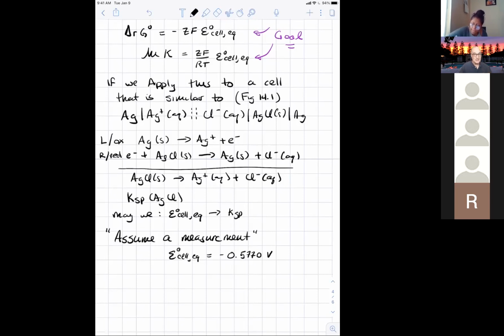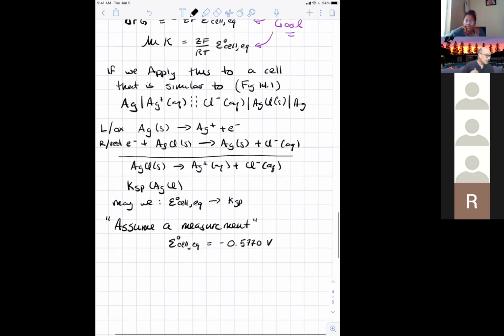That's not going to happen, right? So when I say assume a measurement, this is actually going to be a process. Like everything else we do in this, we're going to have to do some experiments, probably do some sort of plot and do an extrapolation. But anyway, let's assume that this is what we get out of all that work.